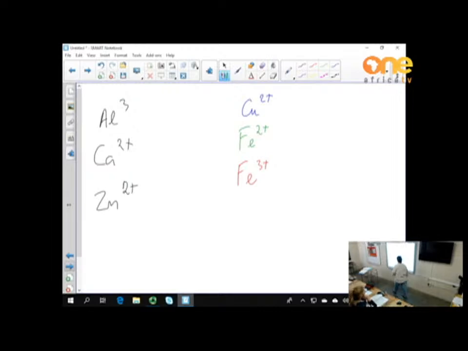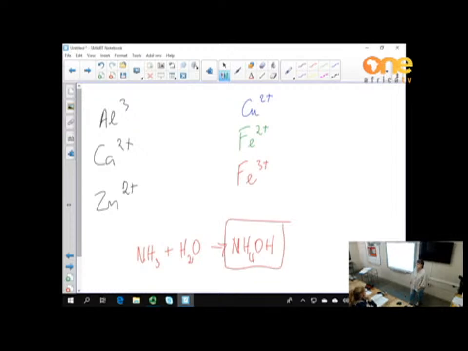Now, ammonia solution, ammonia, if I dissolve it in water, it forms ammonium hydroxide. So the reagent that we are going to be testing with is actually ammonium hydroxide. It's a hydroxide.